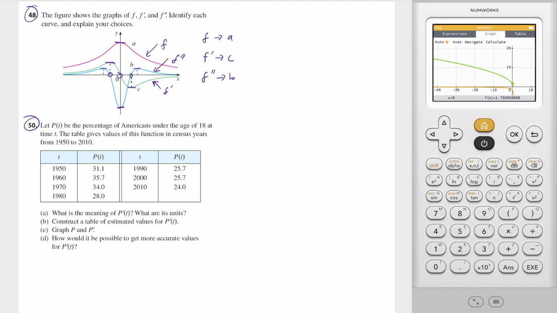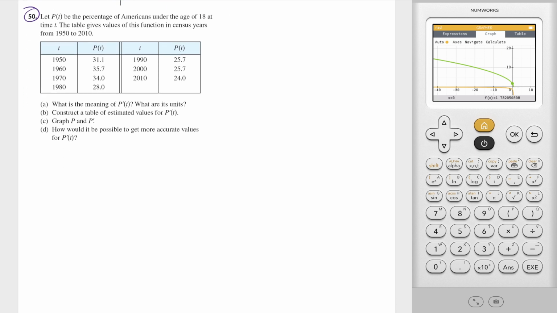Let P of t be the percentage of Americans under the age of 18 at time t. The table gives the values of the function in census years from 1950 to 2010. What is the meaning of P prime of t?